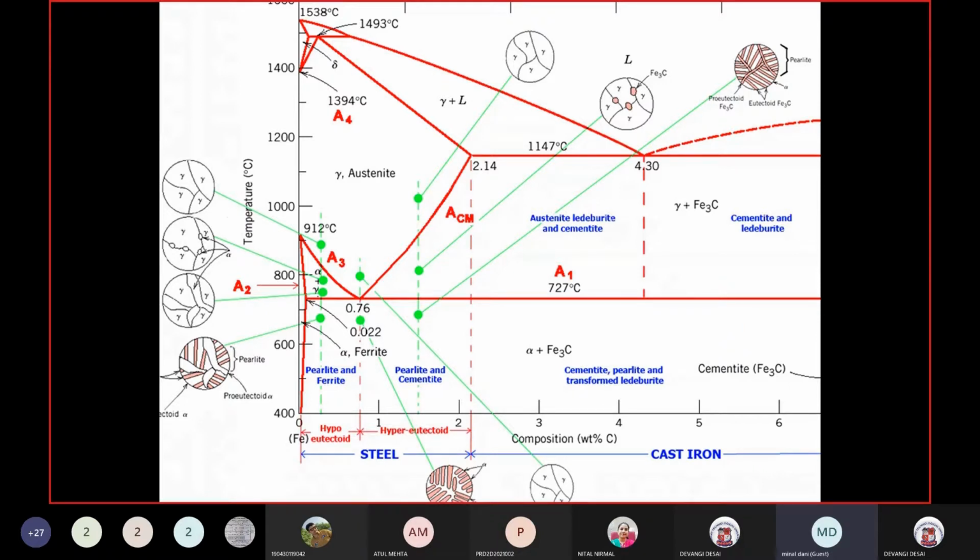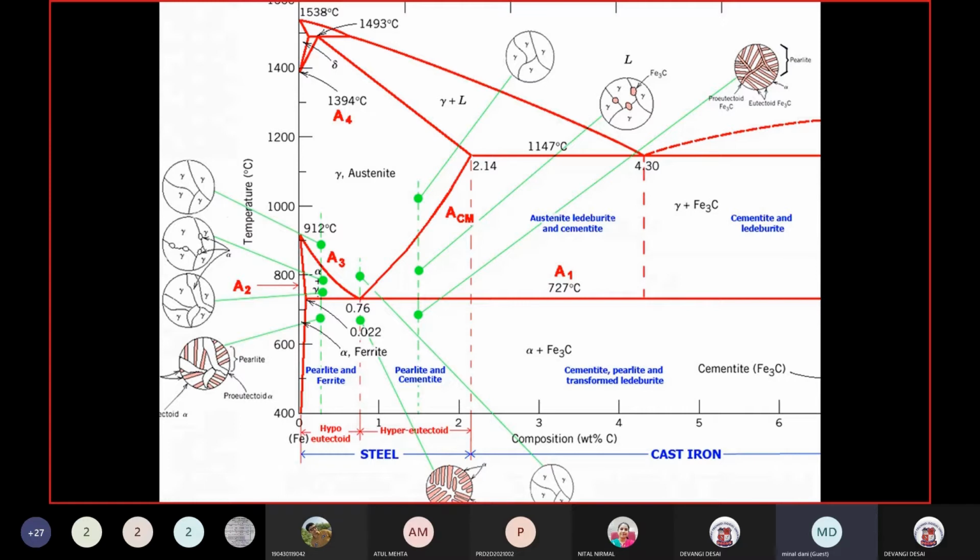So up to 0.8% carbon, your steel is categorized as hypoeutectoid steel. More than 0.8% up to 2.14 or 2% carbon is termed as hypereutectoid steel. Left side is hypo and right side is hypereutectoid steel. So hypereutectoid steel has carbon content 0.8 or 0.76 to 2%.